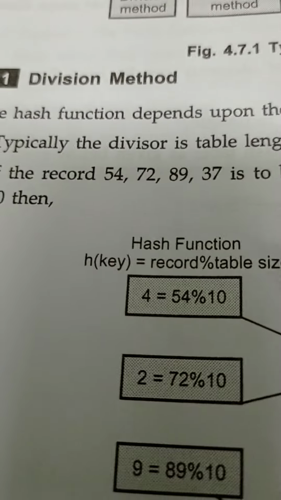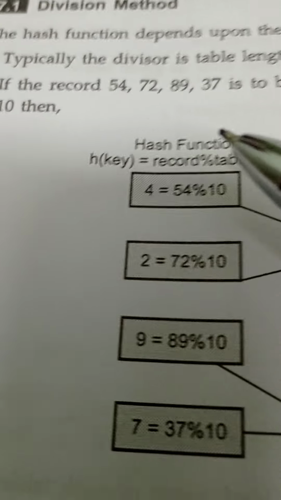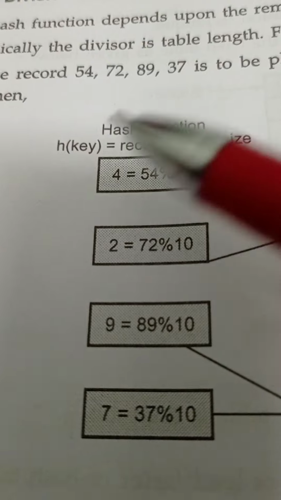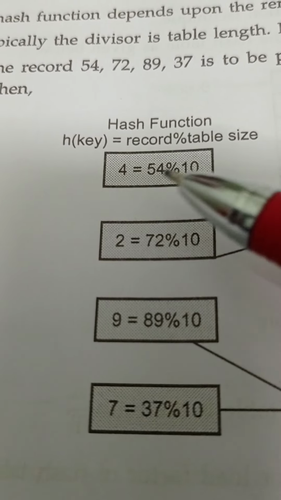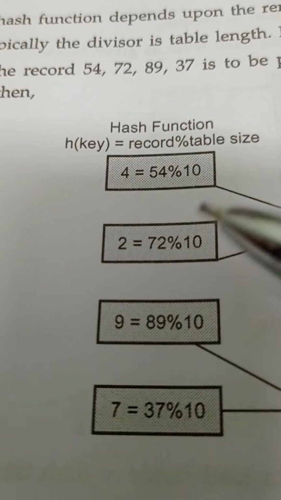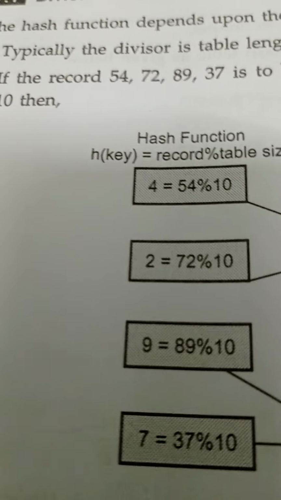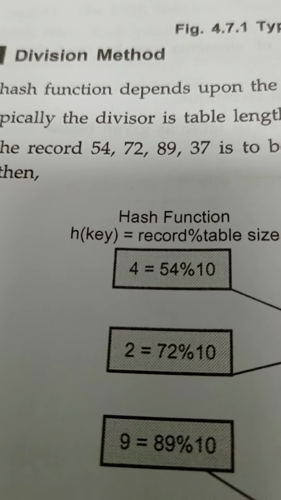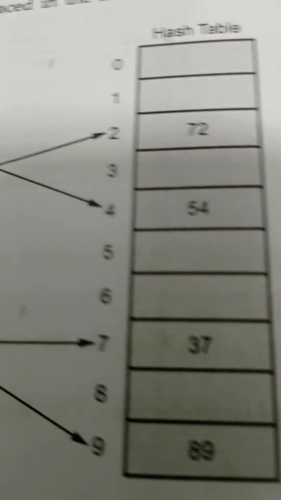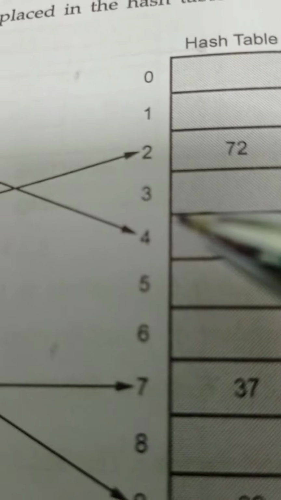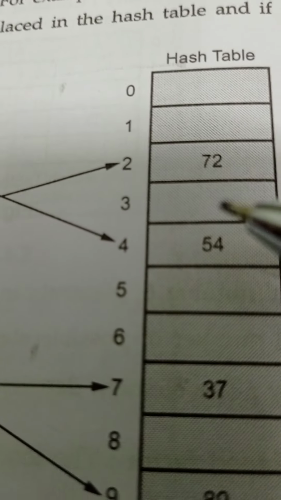If you know the size and the hash function, then we'll come to know in which location we have to place the data. This is nothing but the hash table, and this is the hash function. Using this concept we can store the data in the respective memory location. Why do we go for hashing?